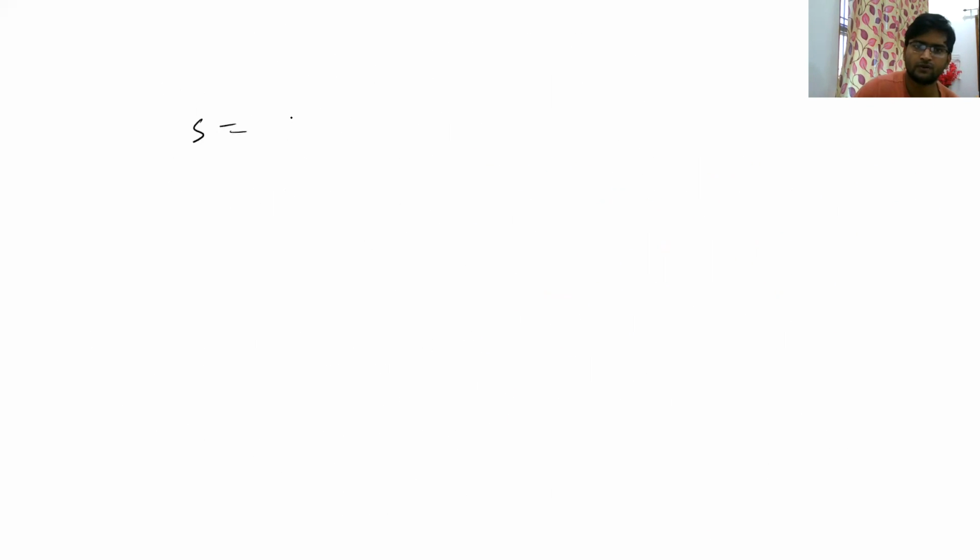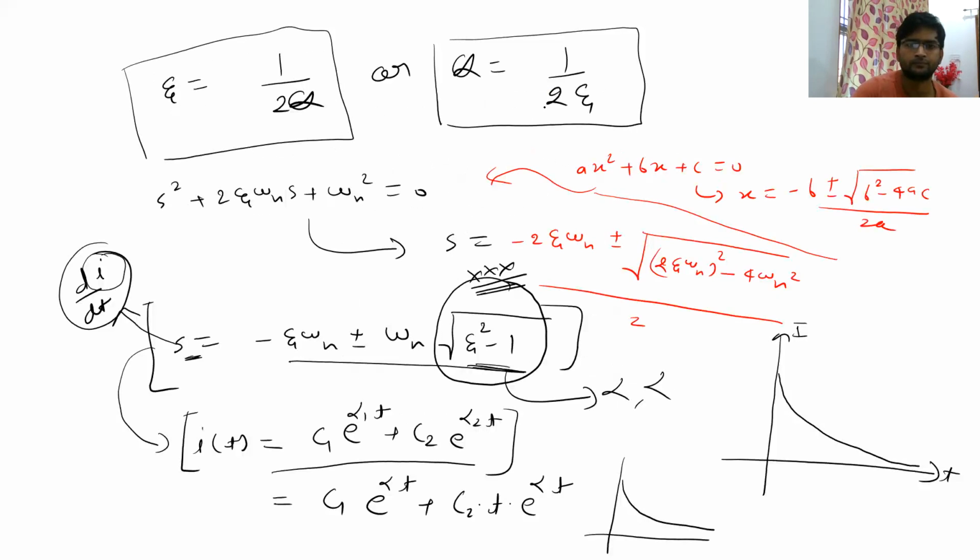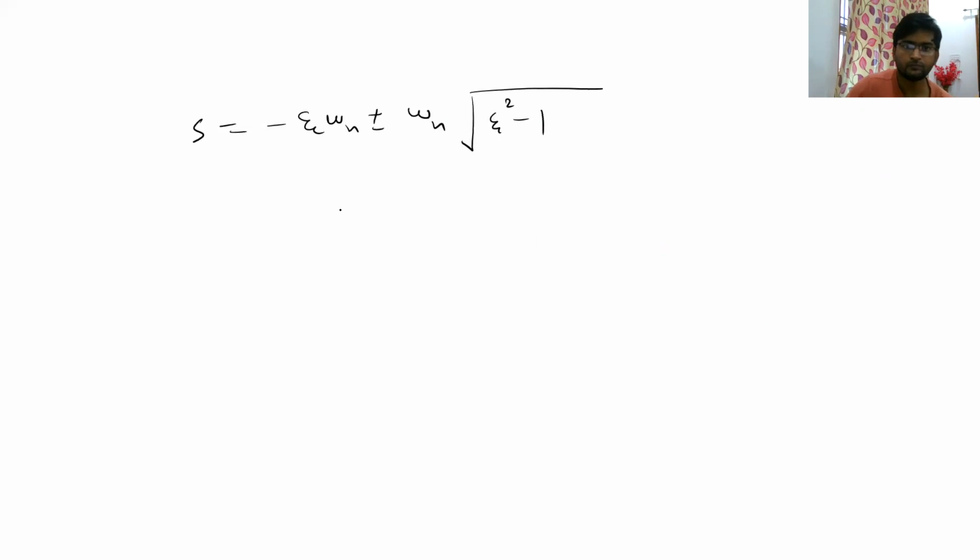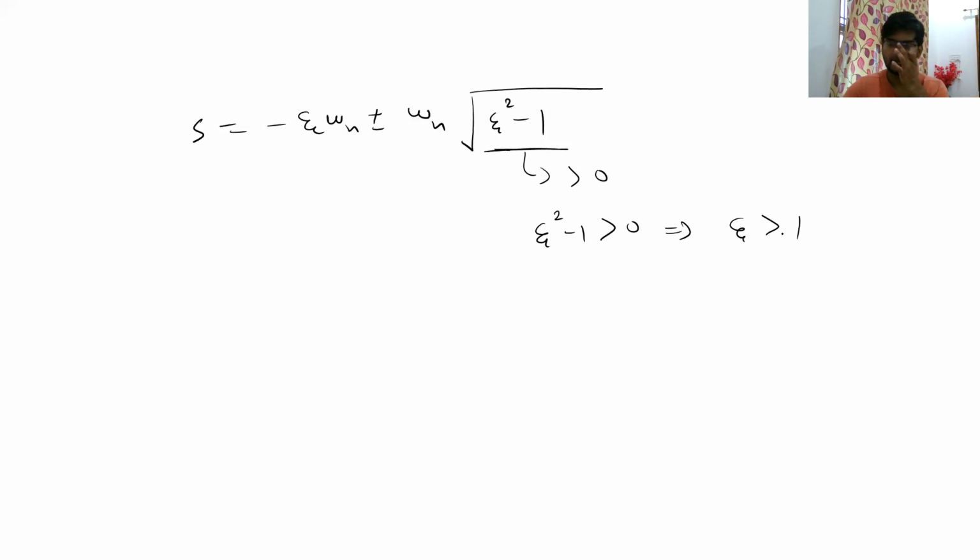We got the solution of our differential equation as s equals minus zeta omega n plus minus omega n under root zeta square minus 1. If you want your roots to be real and different, this term should be greater than 0, which means zeta square minus 1 should be greater than 0, which means zeta should be greater than 1. Clear? Zeta cannot be negative, zeta should be greater than 1.